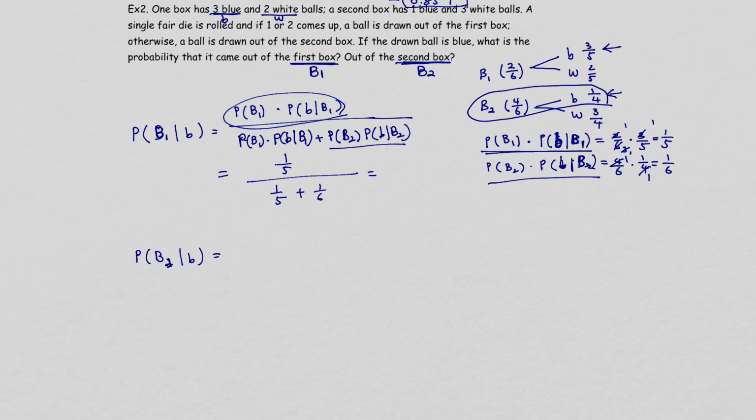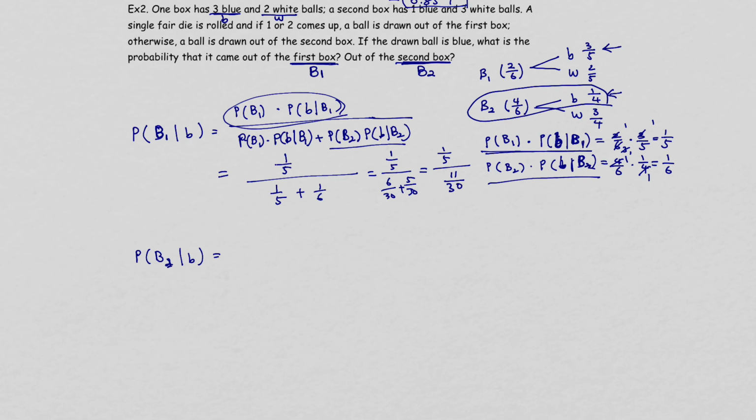That is 1 over 5 over, it will be 6 over 30 plus 5 over 30, which is 11 over 30.